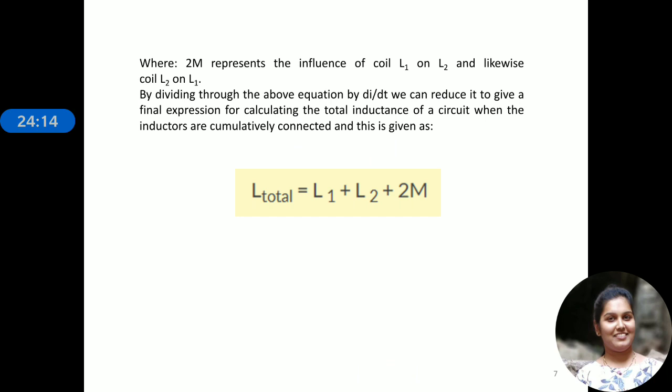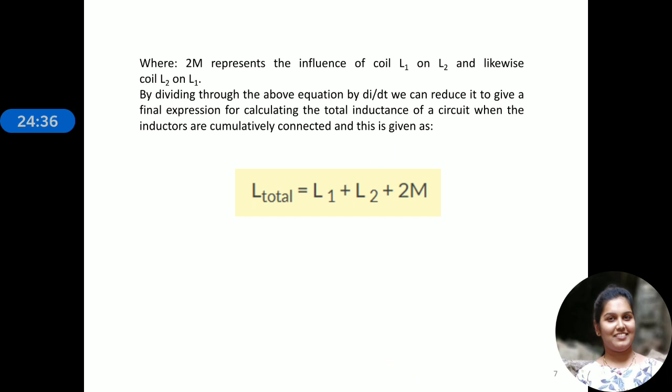When the inductors are cumulatively coupled, it is given as L total = L1 + L2 + 2M.